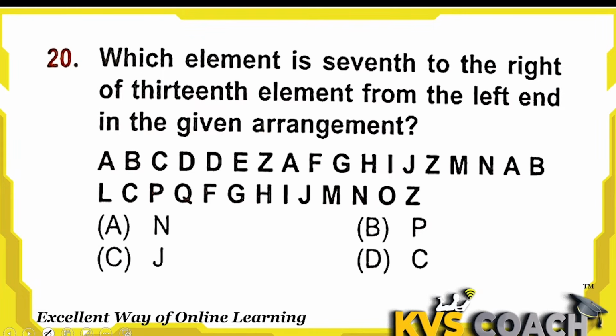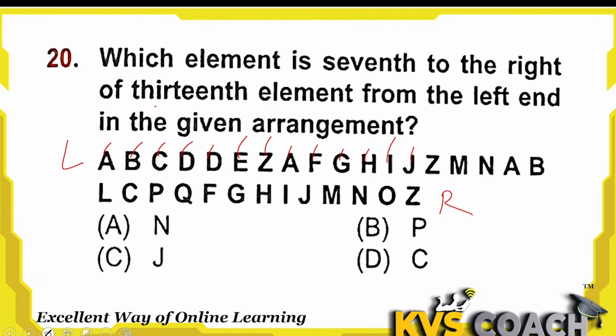Next is, which element is 7th to the right of the 13th element from the left end in the given arrangement? From the left end there will be the right hand, there will be the left hand. From the left in the given arrangement, there is the 13th element. 1, 2, 3, 4, 5, 6, 7, 8, 9, 10, 11, 12, 13.